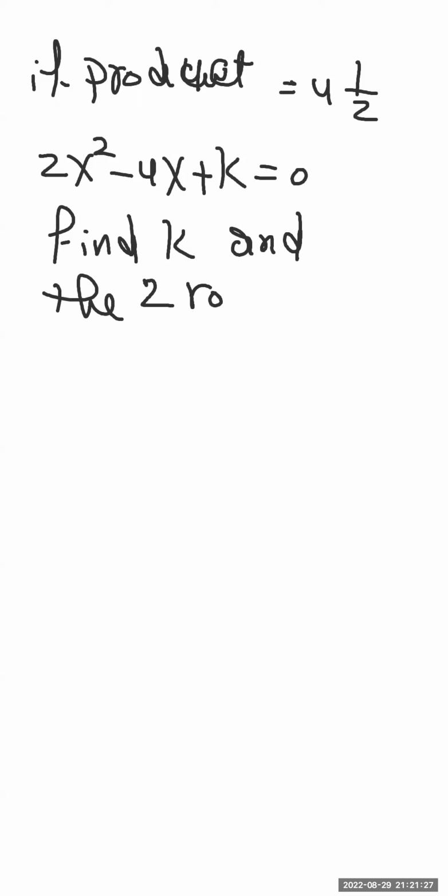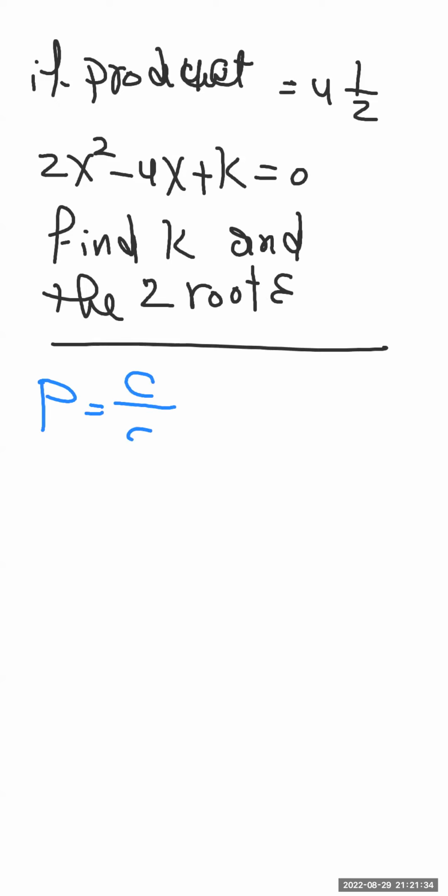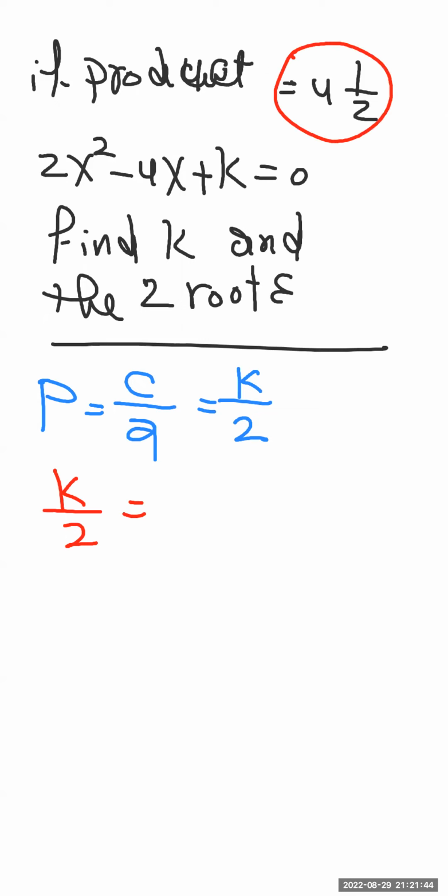Now, product equals c over a. From the equation, it will equal k over 2. So k over 2 equals the given value of the product, 4.5, which means 9 over 2. Cancelling 2 and 2, then k equals 9, right?